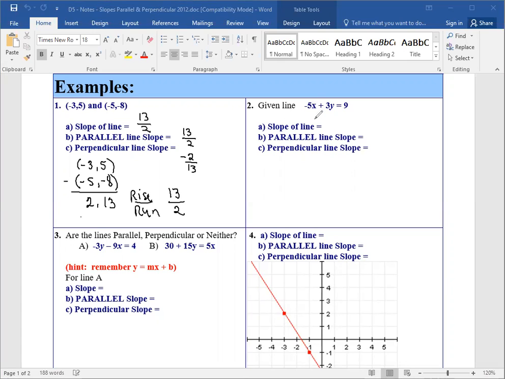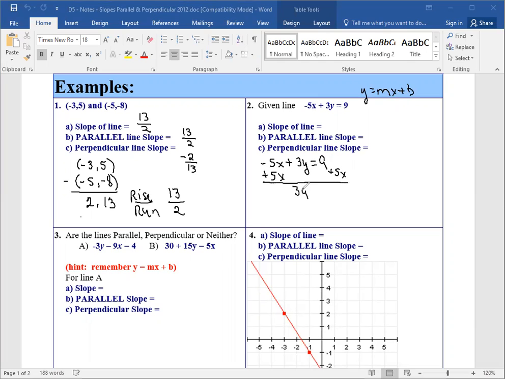Okay, example number 2 over here. This time we're given an equation, so we need to solve for y equals mx plus b so that we can pull off the slope. So we're going to come down here to do our solving. Y is on the left, so we can leave everything alone. We need to add 5x to both sides.